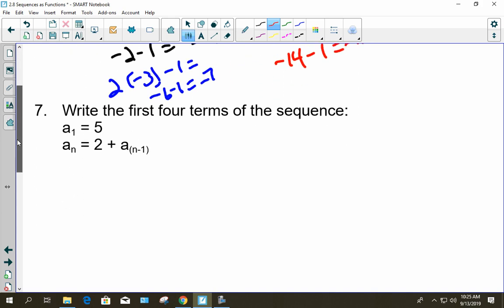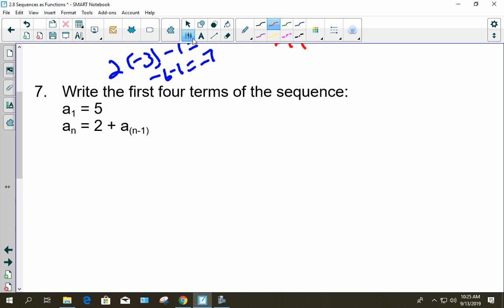So let's go to number 7. For number 7, you're going to put 5 right here with your A. Do not worry about this n minus 1 thing. So we're going to have 2 plus 5. So my first term is 5. My second term is 7.